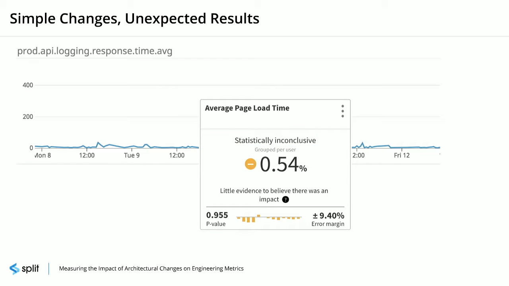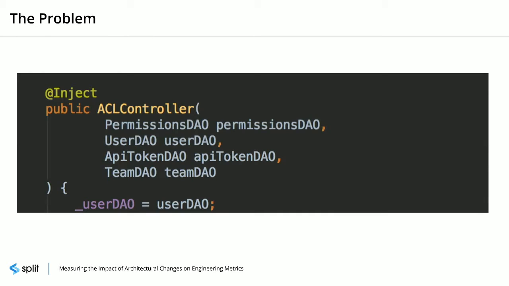But we do know from prior experiments that we're used to this being a metric that is either statistically inconclusive or changes by a very small amount. And so that was a signal for us to go and dive into the code base before we chose to ramp up that experiment any further, and make that change a more broad refactor for the system.